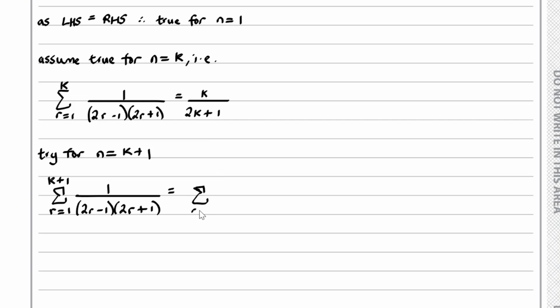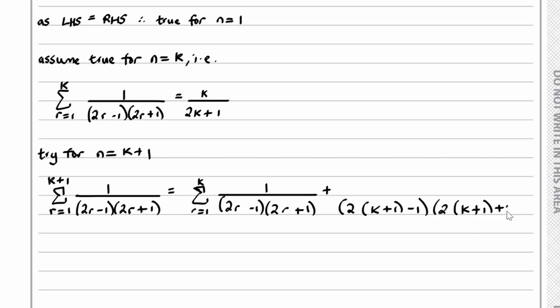We have the sum from r equals 1 to r equals k of 2r minus 1 lots of 2r plus 1 to the power of minus 1. And then we add on the k plus 1th term. So I'm assuming that you're all familiar with that. So we add on 2 lots of k plus 1 minus 1 lots of 2 lots of k plus 1 plus 1. So I'm assuming that you're all happy with this.